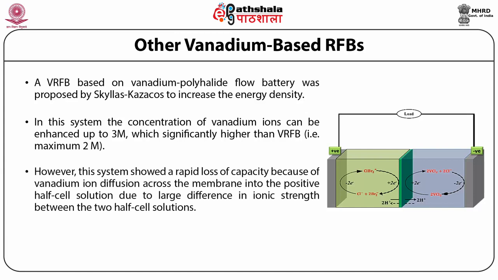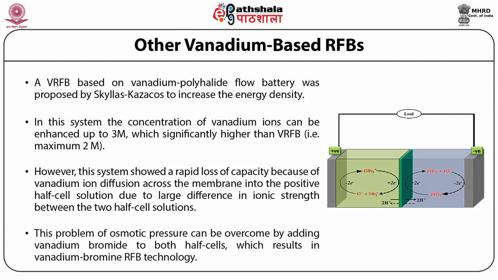However, this system showed a rapid loss of capacity because of vanadium ion diffusion across the membrane into the positive half cell solution due to large difference in ionic strength between the two half cell solutions.